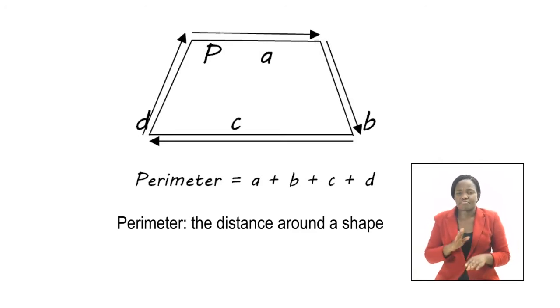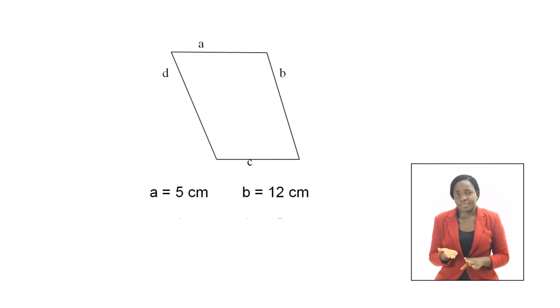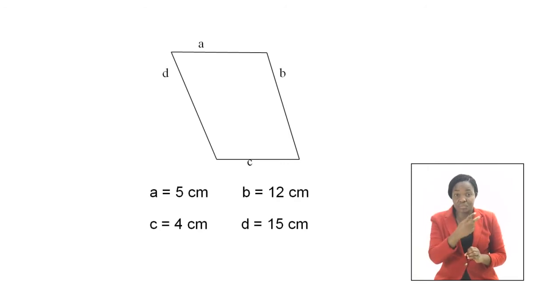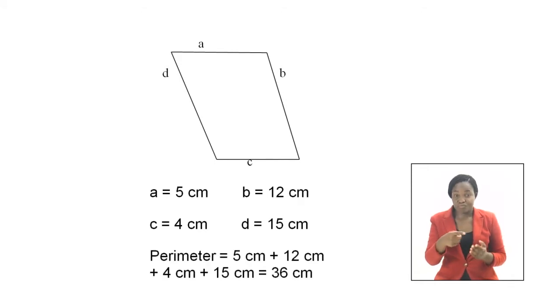For example, if the sides of a trapezium had lengths of 5 centimeters, 12 centimeters, 4 centimeters, and 15 centimeters, then the perimeter would be equal to 5 plus 12 plus 4 plus 15, which adds up to 36 centimeters. The unit is centimeters because it is just a distance.